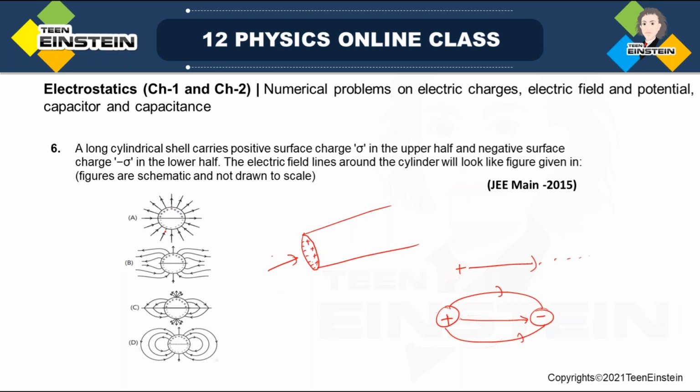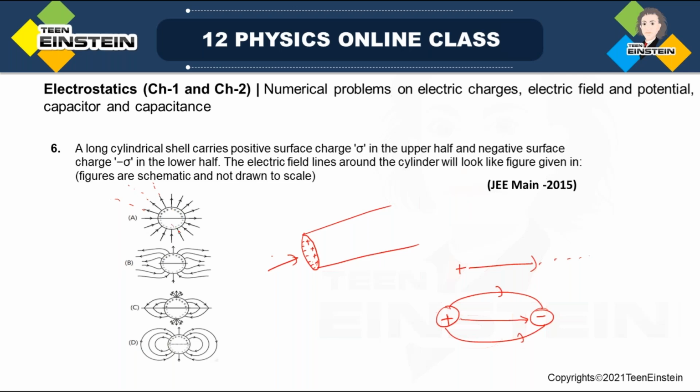In this you have to see the first one. See, the electric field lines are emitting from positive, and they are actually going to infinity. You can see that they are not going immediately and meeting over here.